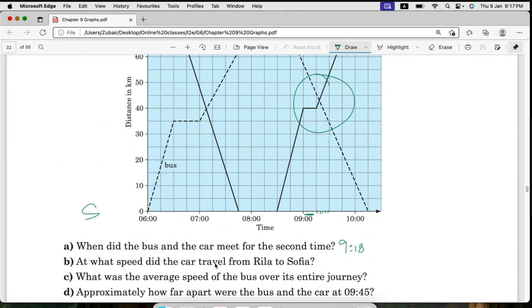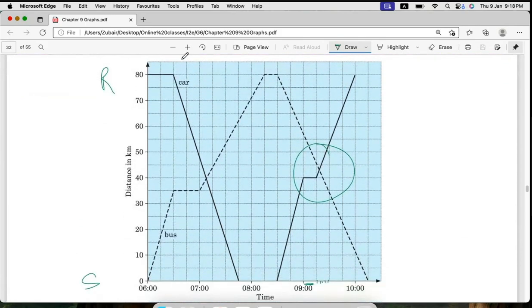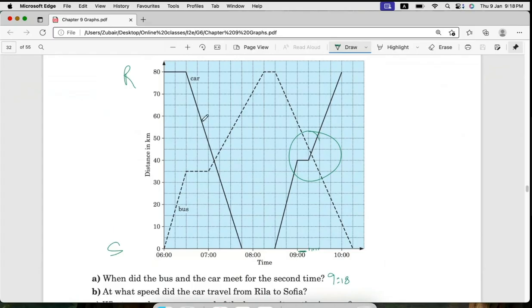B part. At what speed did the car travel from Rila to Sofia? From Rila to Sofia. First, identify which section this is. You can highlight it by telling the time. Between which times is this section? Rila to Sofia.